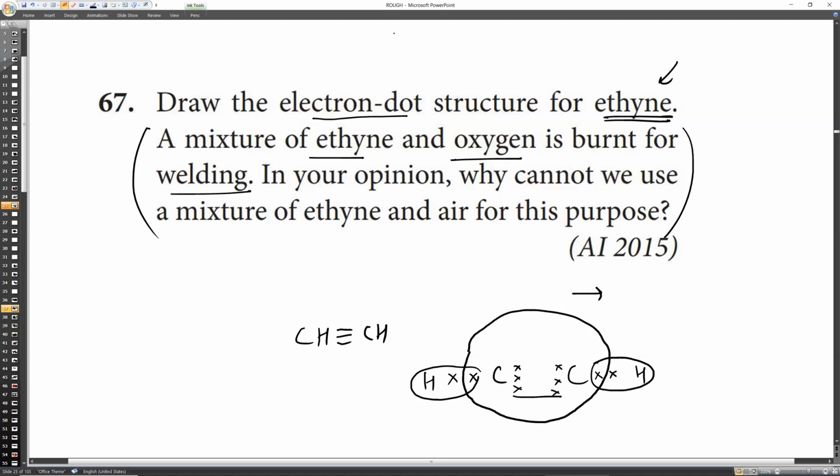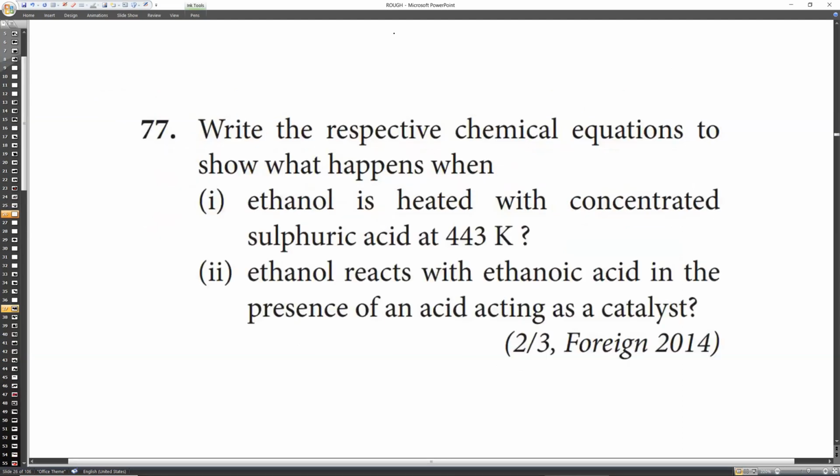In this question, what will you write? Write the respective chemical equation to show what happens when ethanol is heated with concentrated sulfuric acid at 443 Kelvin. This is the property of ethanol: ethanol, C2H5OH, when heated with concentrated H2SO4, a dehydration reaction will take place. Water will be removed from here.